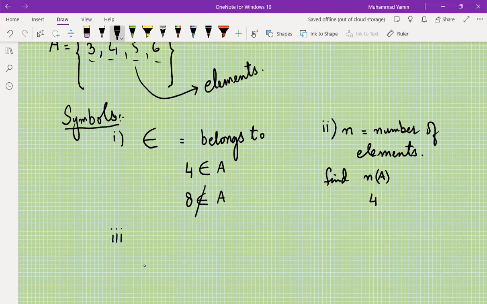Number 3, this symbol is called a null set. Null set is also known as empty set.